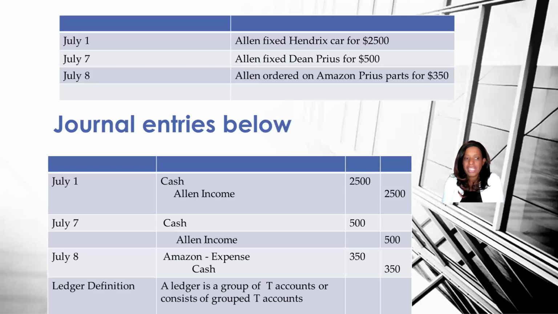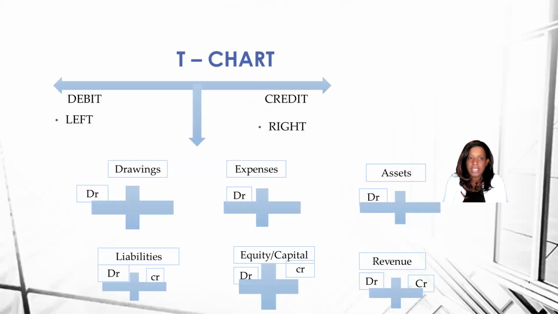And we're moving into the ledger account, rather. So what is a ledger? A ledger is a group of T accounts, or it consists of grouped T accounts. So let's take a look at that. What is involved in our T accounts?